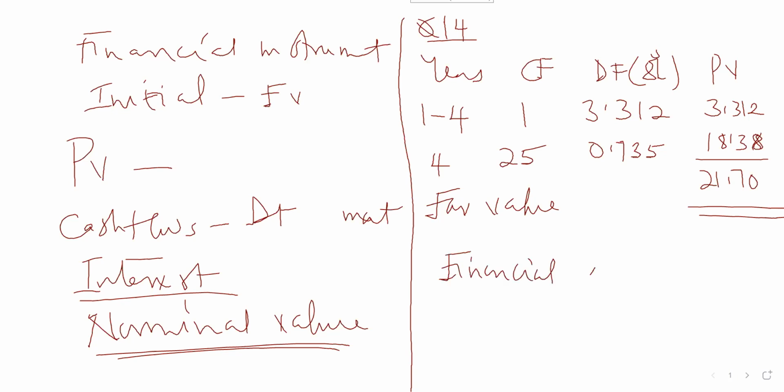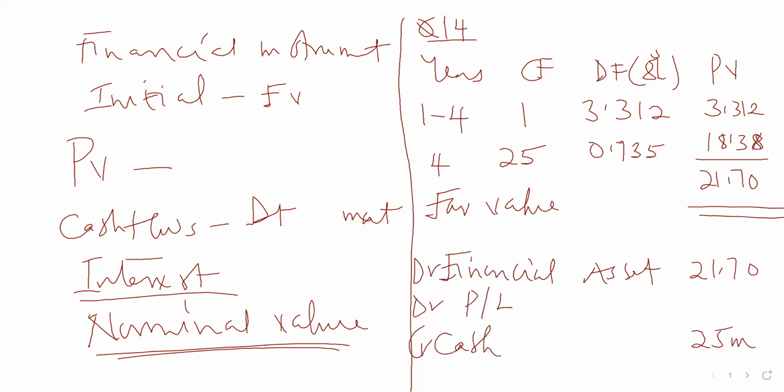Our financial asset will be recognized at fair value, 21.70, then we have cash of 25 million. So we are going to be crediting cash, debiting financial asset. You can see that we are making a loss, isn't it? So we debit profit or loss of what? What will be the difference?